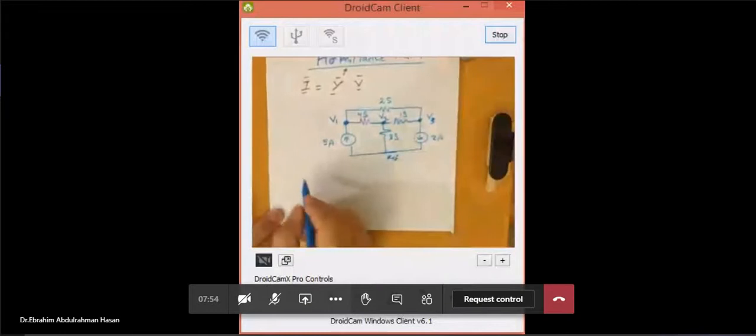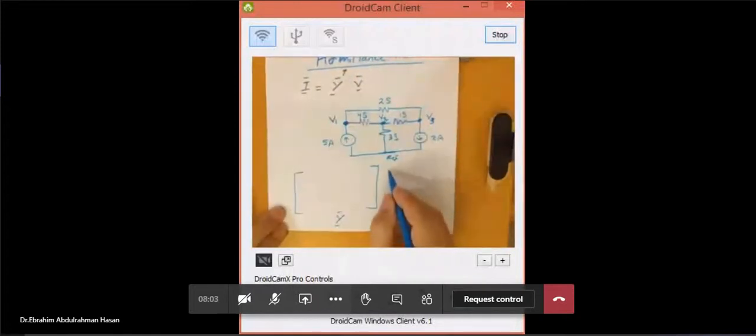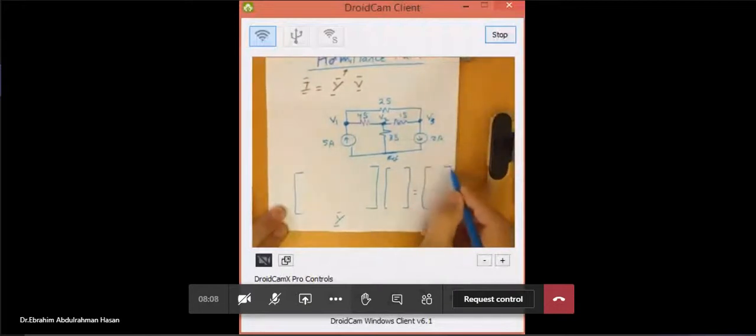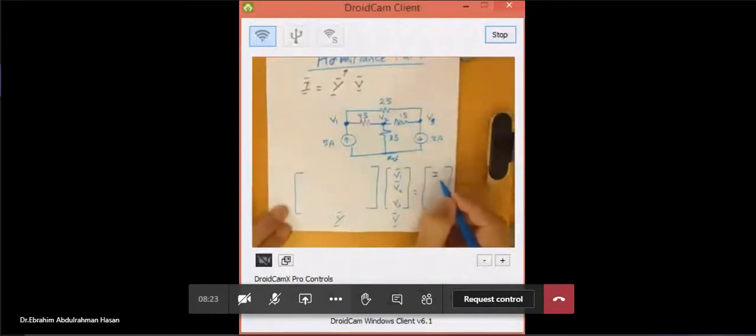So we have a matrix. This is my Y matrix multiplied by V, equal to I. This is vector V, and this is vector I. Right. So here we have V1, V2, V3, I1, I2, I3.